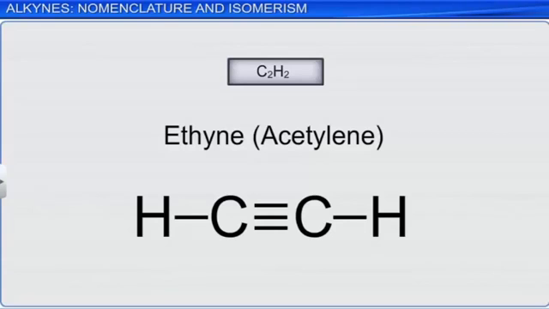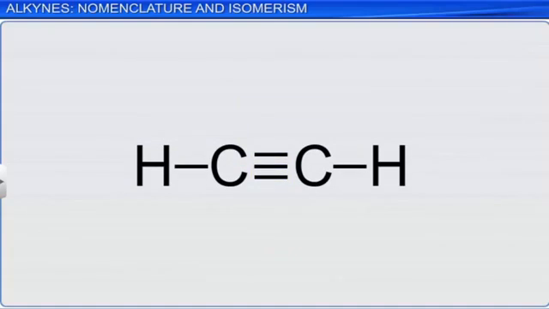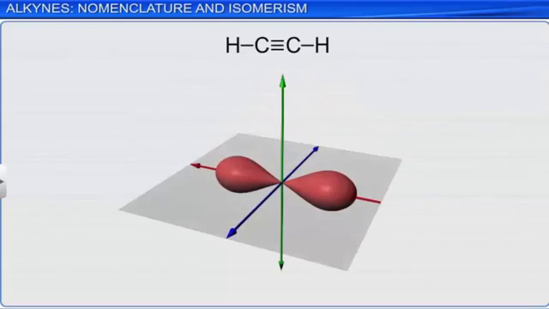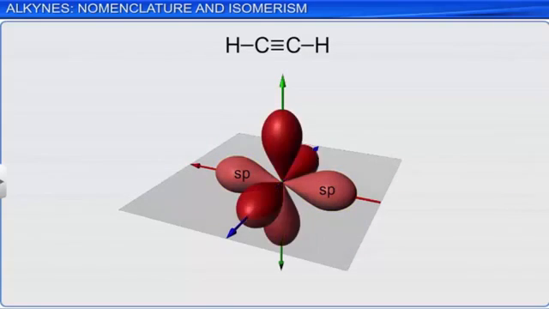Now let's understand the structure of ethyne molecule in relation to a triple bond. An ethyne molecule has two hydrogen atoms bonded to two carbon atoms. Each carbon atom has two sp hybridized orbitals and two unhybridized p orbitals.